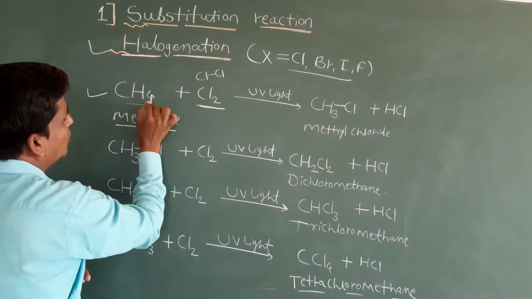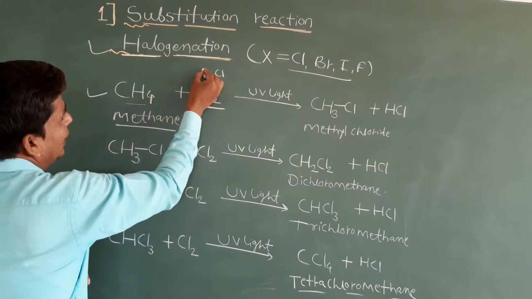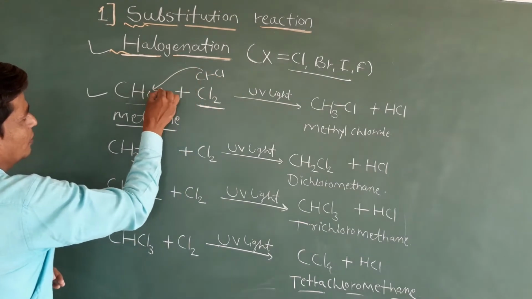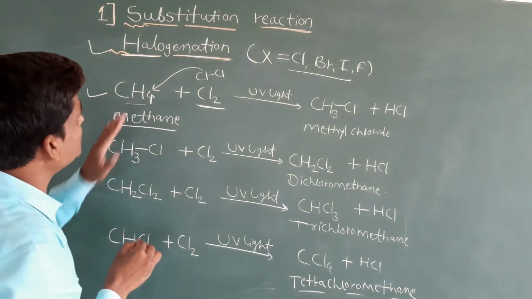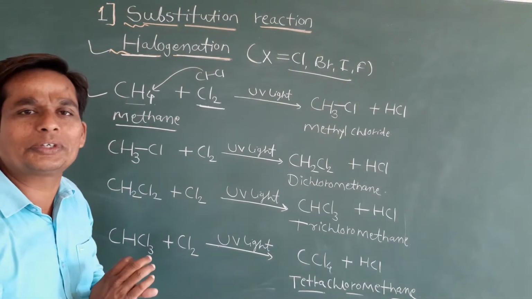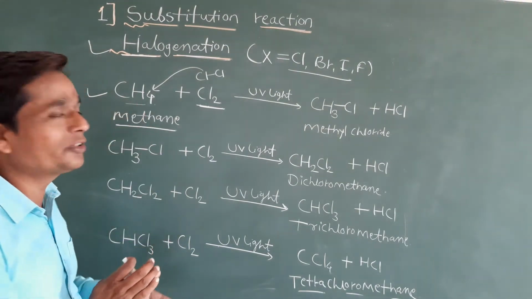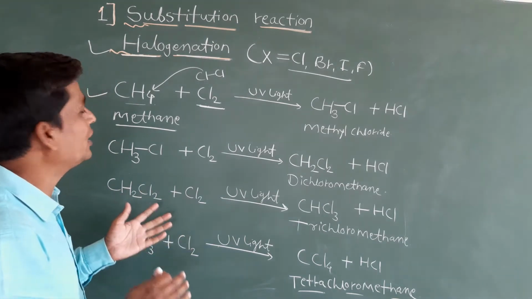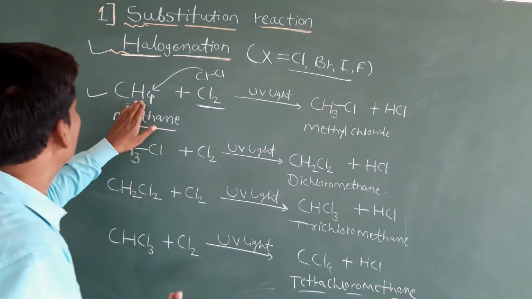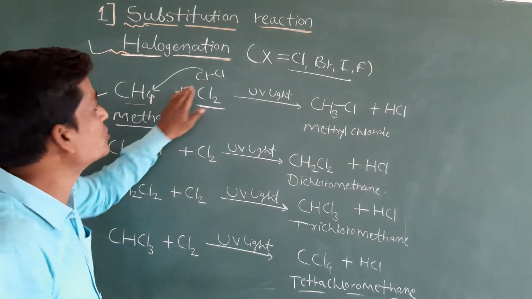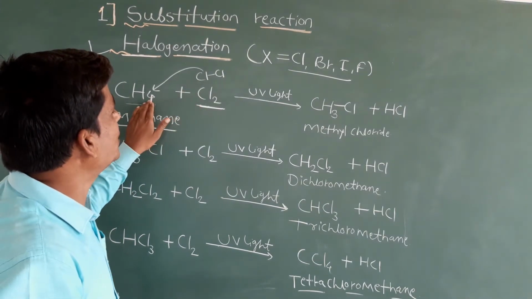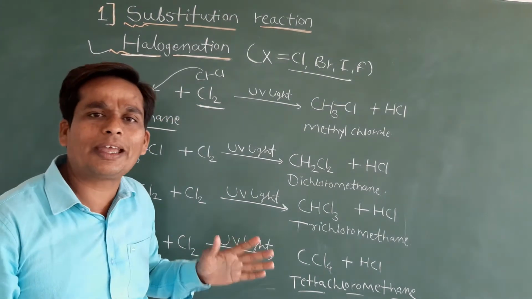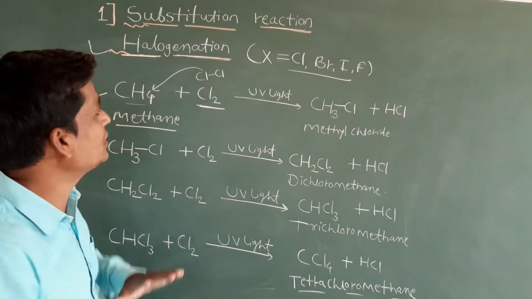So from this CH4 one hydrogen is removed, and in the place of that hydrogen one Cl is substituted. So this is a substitution reaction. As I told you, substitution is when one atom or group is replaced by another atom or group. Here hydrogen is replaced by chlorine, and it is a halogenation because a halogen is substituted.